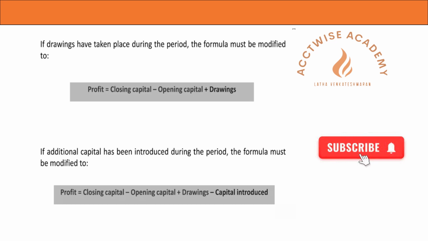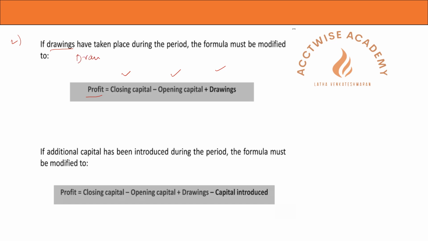Next scenario is, if drawings have taken place during the period, how will the formula change? The formula will become profit is equal to closing capital minus opening capital plus drawings. So let us now assume drawings as rupees 20,000.